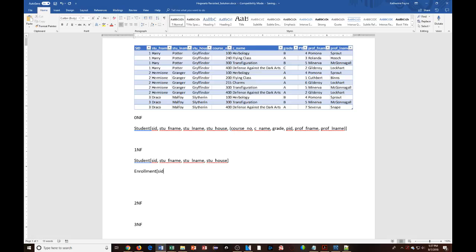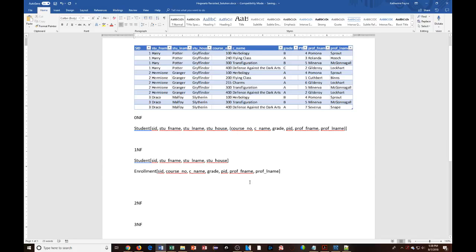We're going to include the student ID in the enrollment relation as well because it is related to it. In other words, we need to know which students are taking which courses. So we'll have student ID and the rest of the original attributes of course number, course name, grade, professor ID, professor first name, and professor last name.